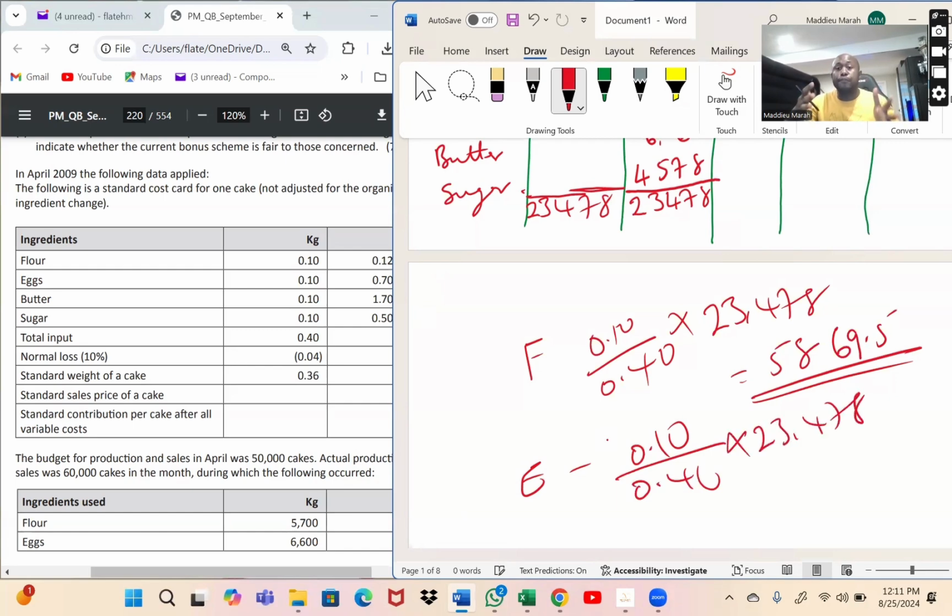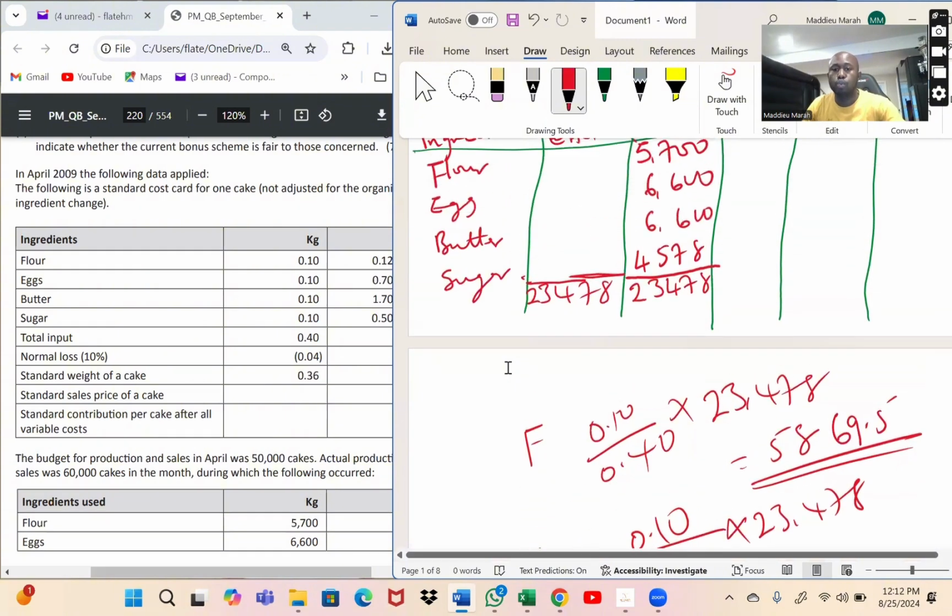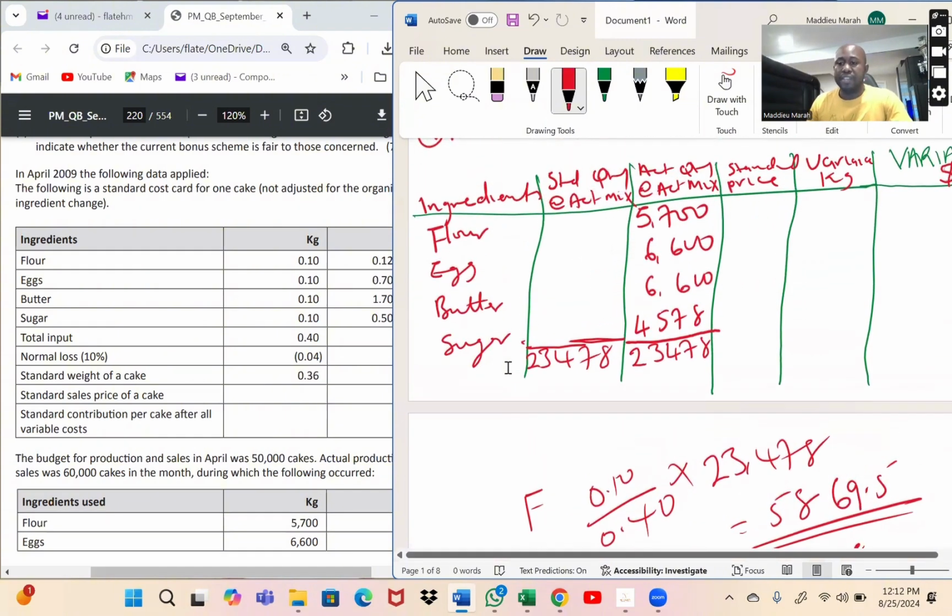So the 23,478 is constant for all, but the kg might be different. For this question, just a coincidence, the kg is the same. So we just use the same figure, 5,869.5. Okay, so we're filling these figures into the table.